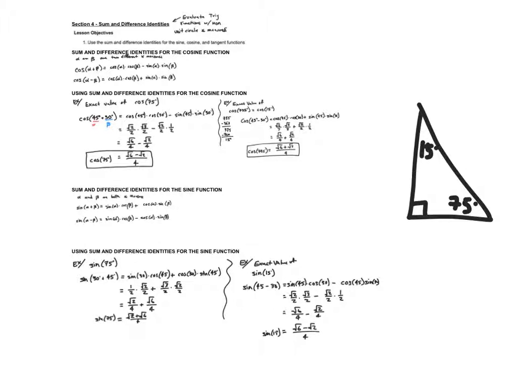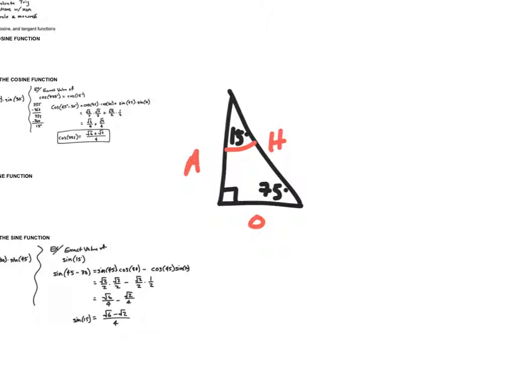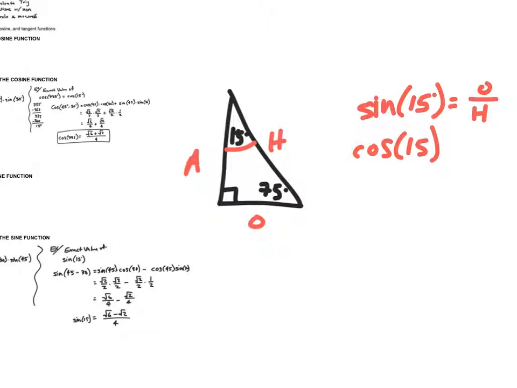If I'm taking 15 degrees, here's the opposite side, here's the adjacent side, here's the hypotenuse. So if I do sine of 15 degrees, that's going to give me opposite over hypotenuse. If I do cosine of 15 degrees, that's going to give me adjacent over hypotenuse.